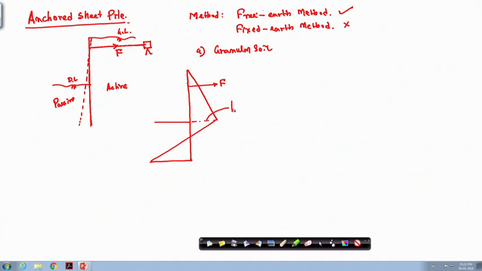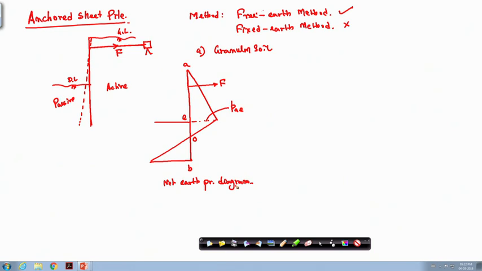So, I can write this is P A, okay, and this is the E. So, I can write this is P A E, this is the A point, this is the B point or O point at which the net earth pressure is 0. So, this is the net earth pressure diagram.